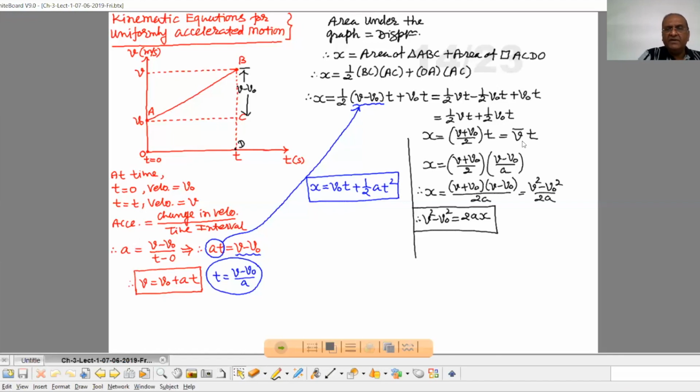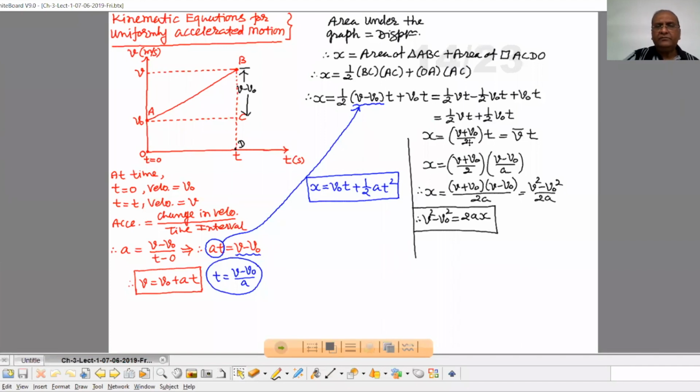So this is another equation of average velocity that you have to remember. In case of uniformly accelerated motion, you can calculate the displacement as average velocity into time, and average velocity is initial velocity plus final velocity by 2.